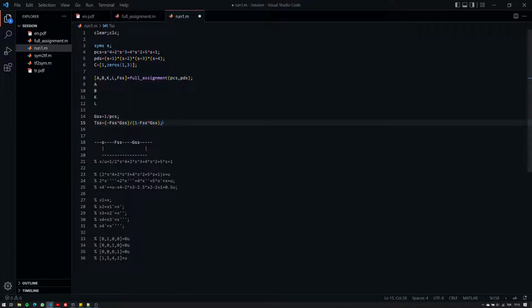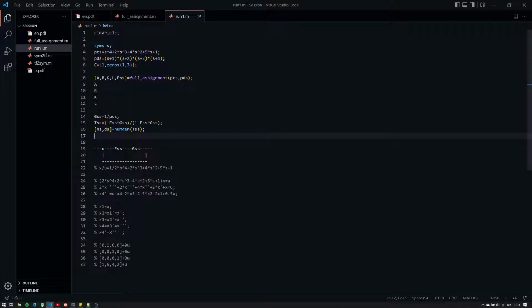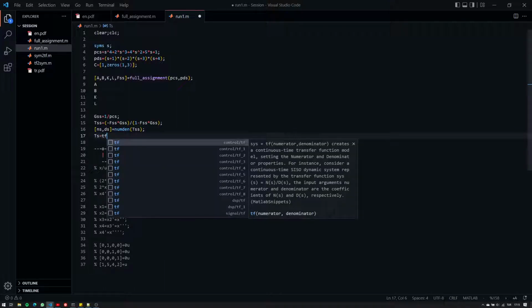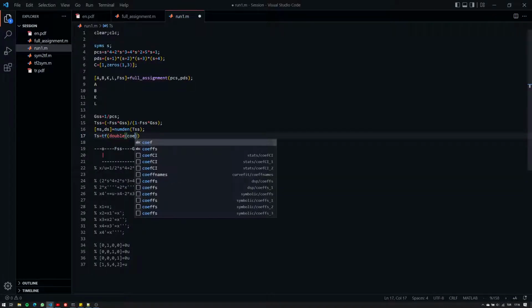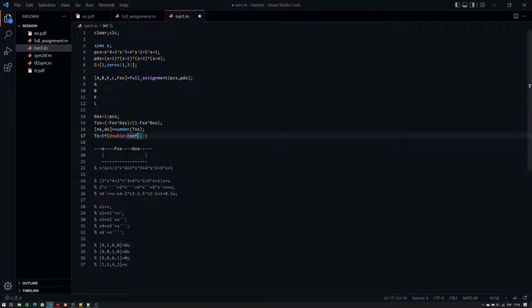Of course, once we have defined that, we can just take the numerator and denominator. We could have also converted everything into TF before we start to look for the feedback and then acquire the closed loop, but it doesn't really matter. And the TS in TF would then look like this, the double, and then if you have TF to SS, SS to TF, you can just use that, or I'm going to just show you what it looks like.